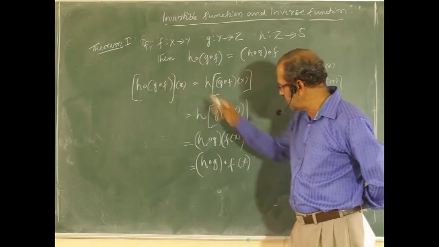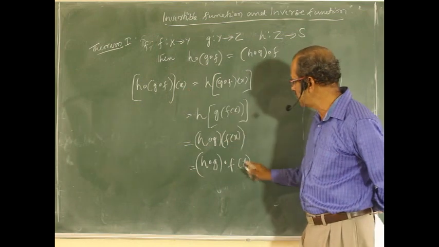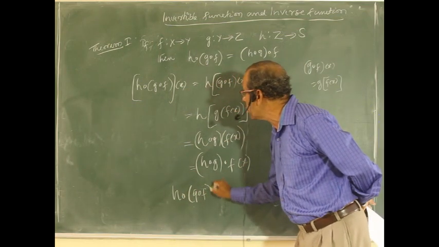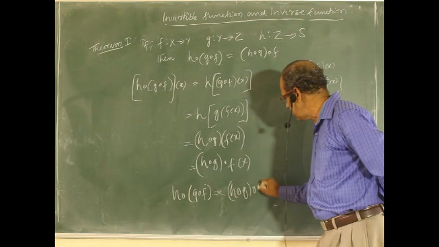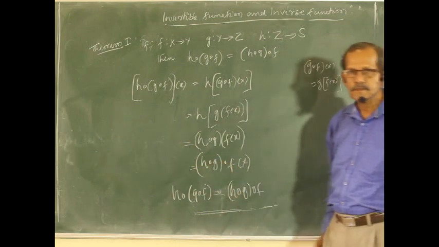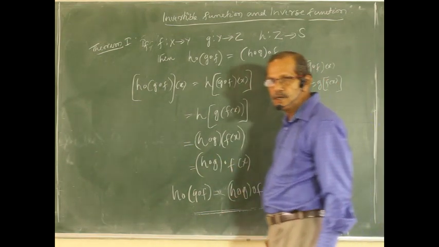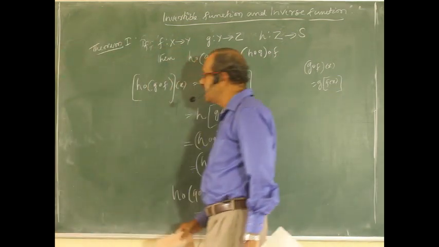Remove this x, you get H composite G composite F equal to H composite G composite F. So if three functions are given, you can prove that the composite function is associative.